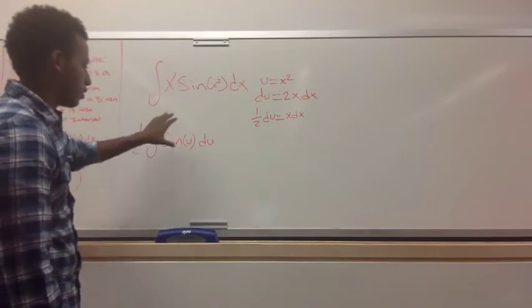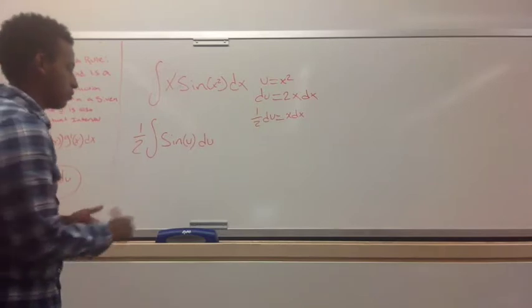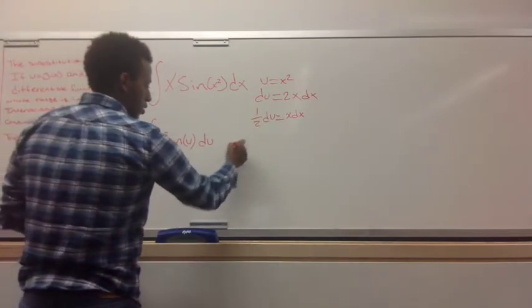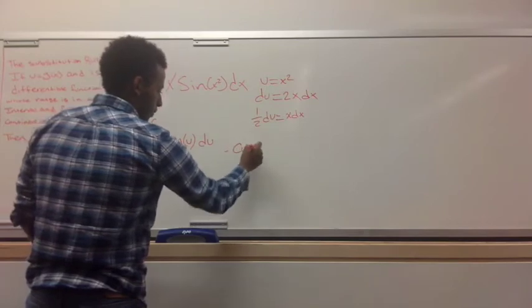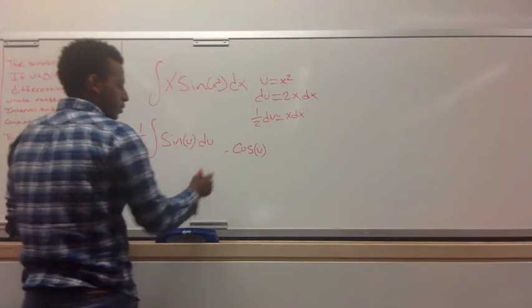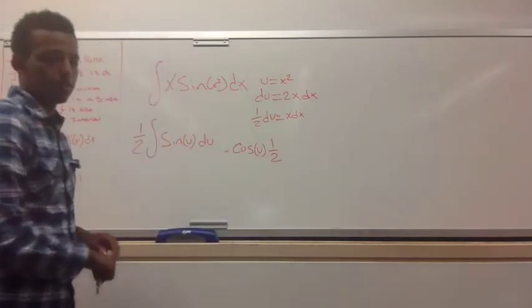Now we can easily take the integral of this, which becomes negative cosine of u, and then bring the 1/2 back to the front.